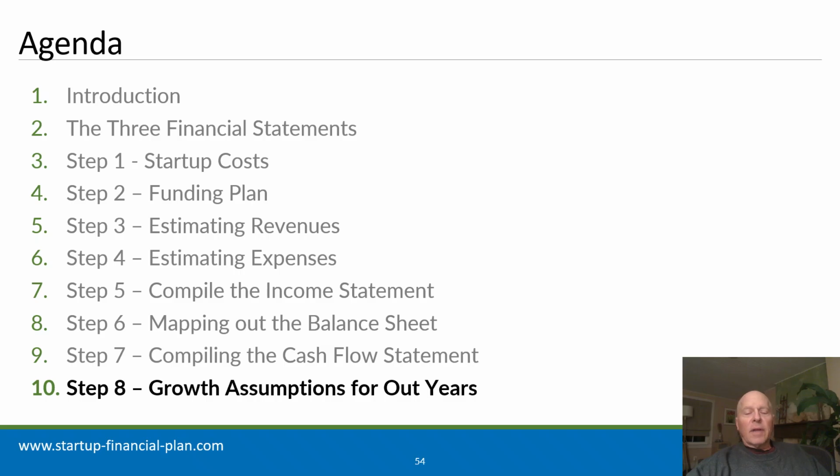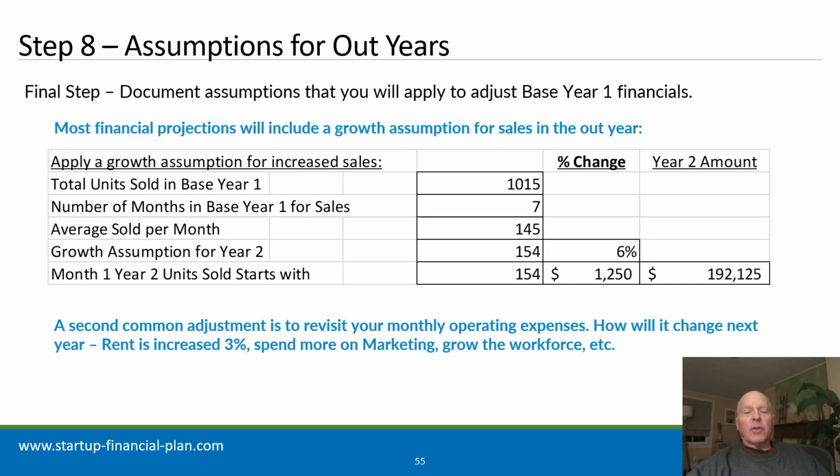The final 8th step is to get your assumptions down. If you go to the sample template, it gives you specific examples of how to do this, but you're probably going to have at least 2 assumptions. Obviously, you're going to have an assumption: how much do you think you might be able to grow your sales revenue in the out years?